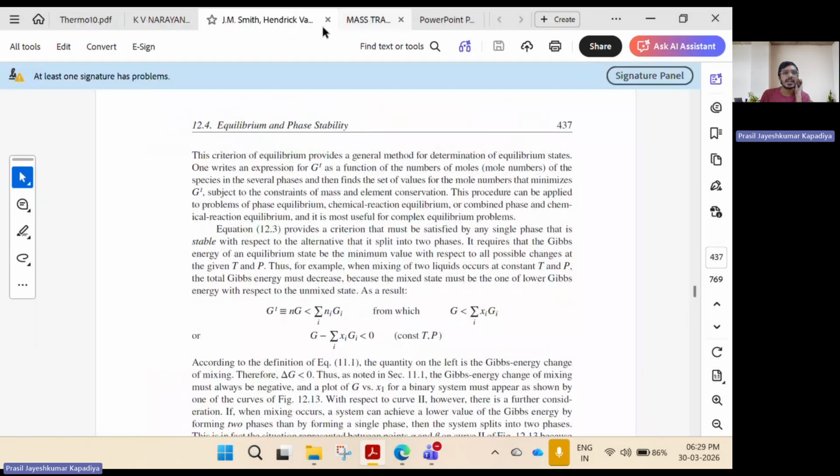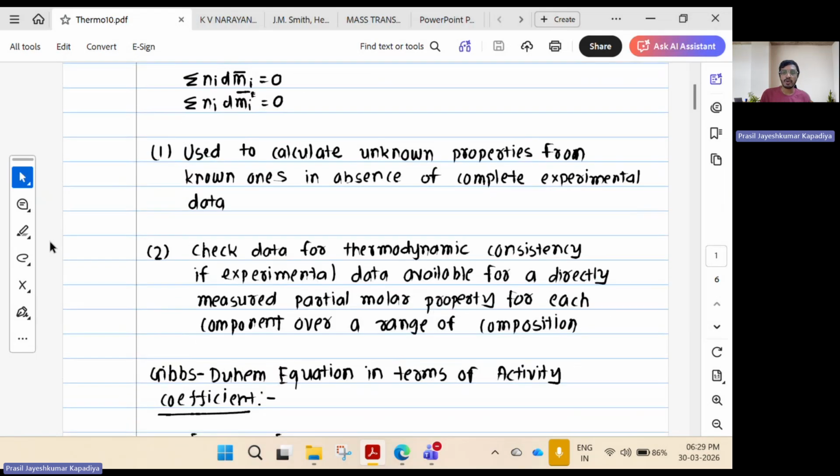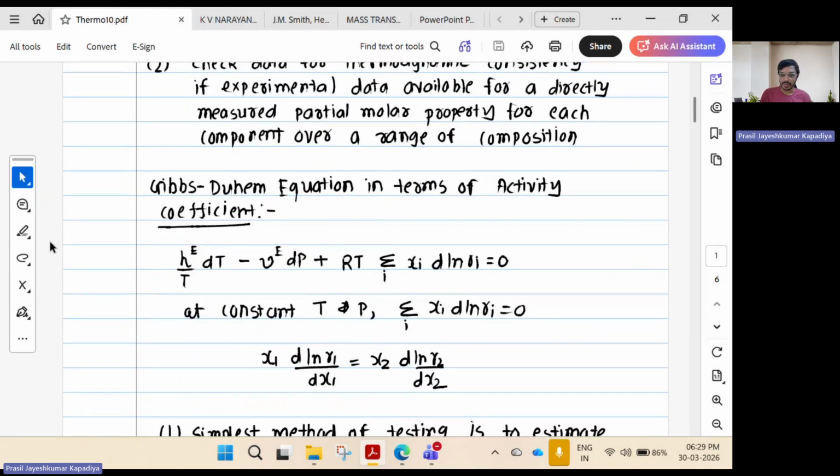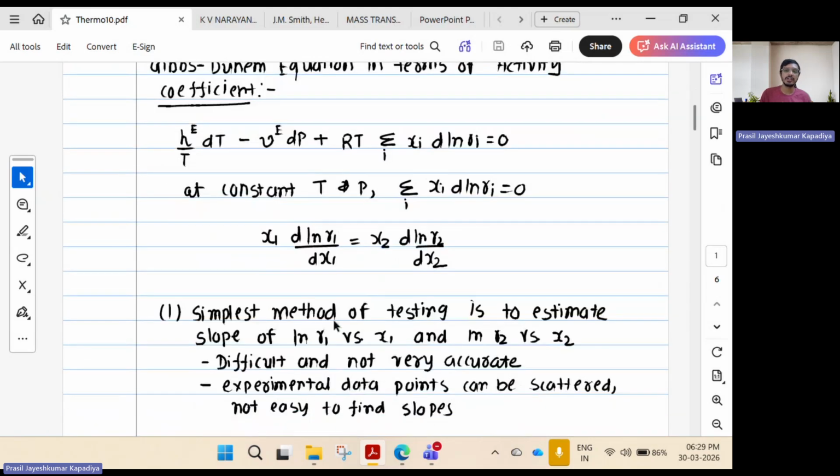So let's quickly recap what we did as of now. From the Gibbs-Duhem equation, we calculate unknown properties from known ones in the absence of complete experimental data. And we can check the thermodynamic consistency of the data. For that, we have x1 dln gamma 1 by dx1 is equal to minus x2 dln gamma 2 by dx1.